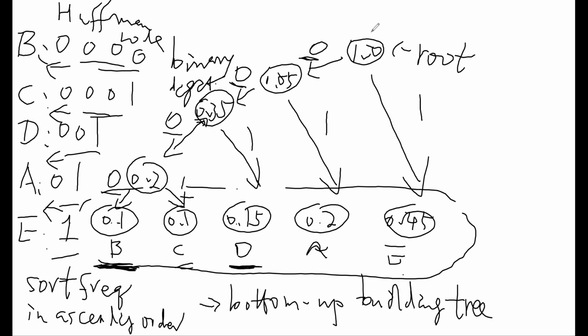If you compare this with ASCII or Unicode, the number of digits is much fewer. And if you take a look, you will find the most frequent letter has the shortest Huffman code.